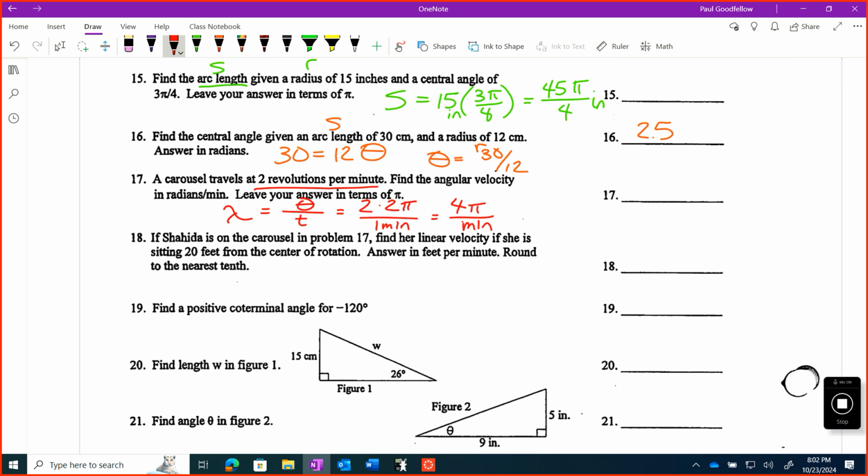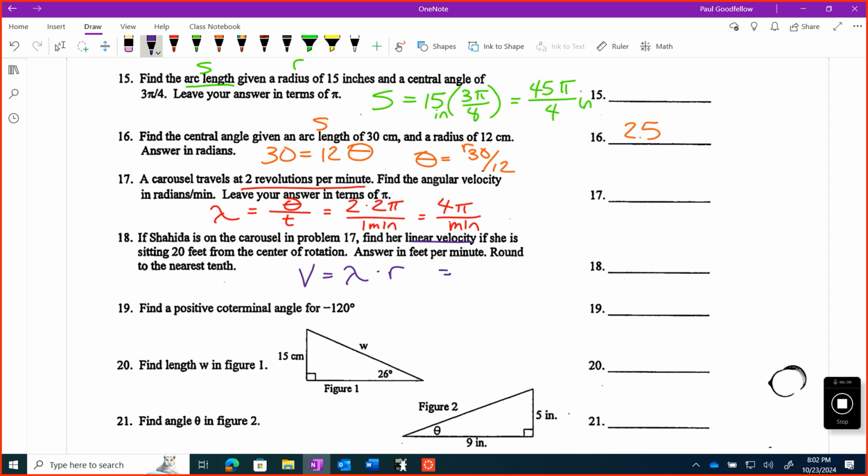Shahida is on a carousel in problem 17. What's her linear velocity? Linear velocity is about v, and if she is going to sit 20 feet from the center of the rotation, that's going to be lambda, or angular velocity, times the radius, or r lambda.